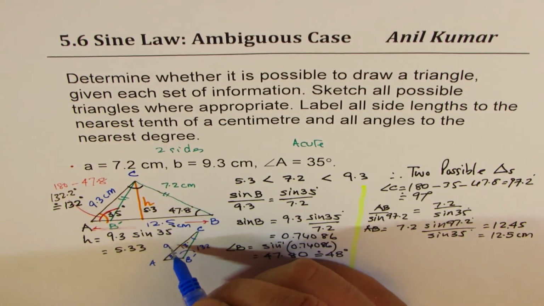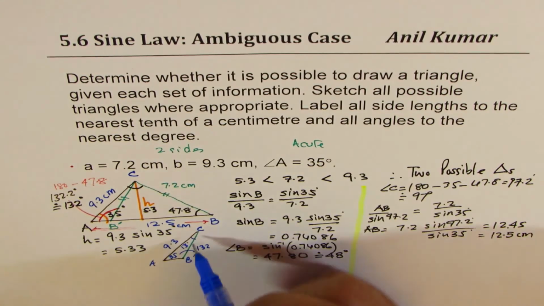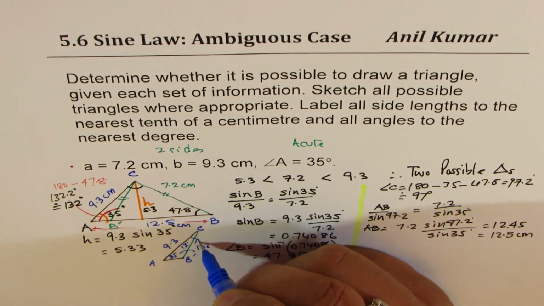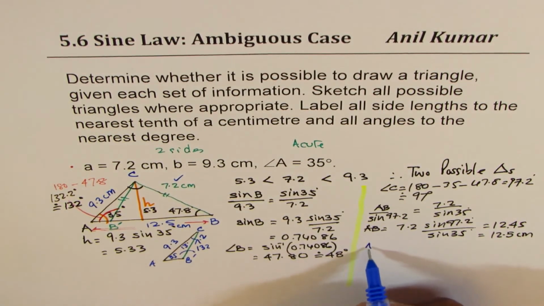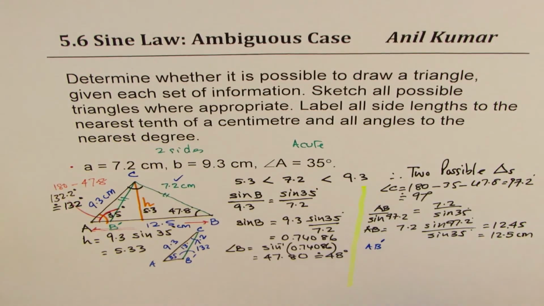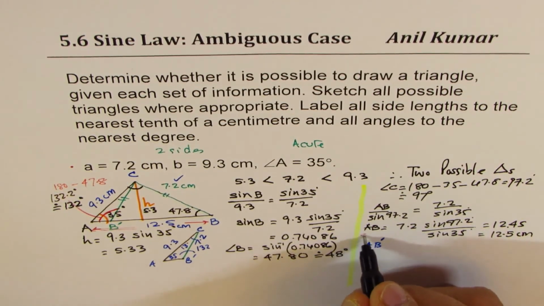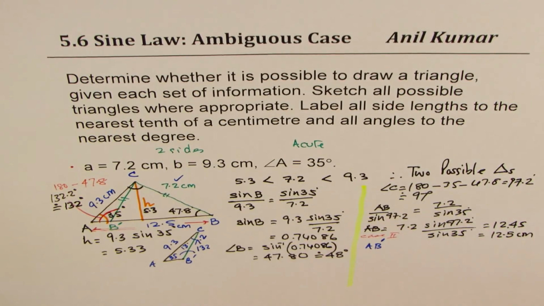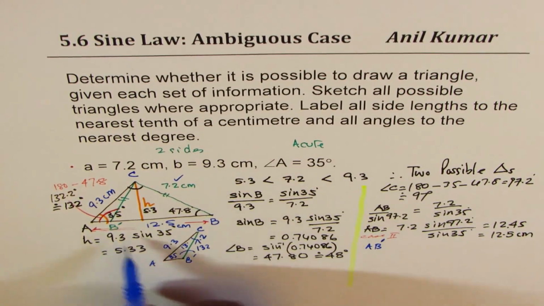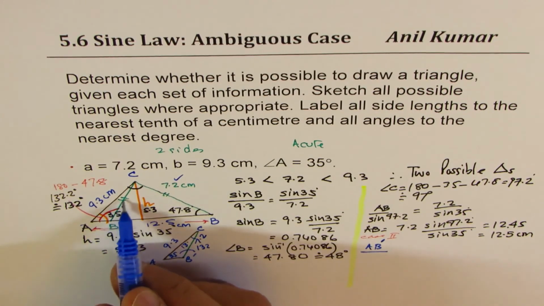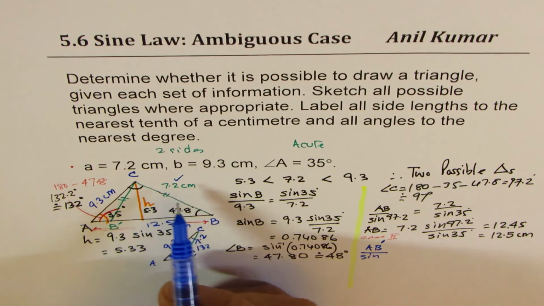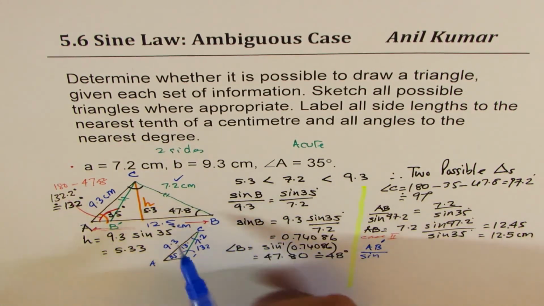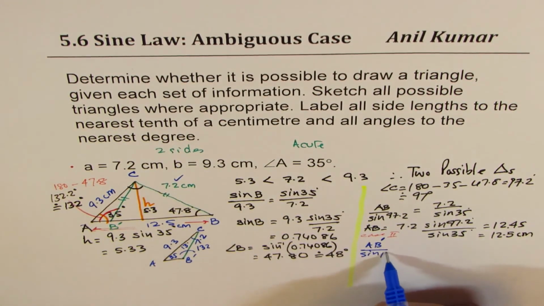And the sides are 9.3. This side is 7.2, which is given to us. That is the side, correct? So we'll find AB dash. Do you see this is a second triangle? So let me write down case 2. Okay. So AB dash over the sine of the angle, which we calculated to be 13 degrees. So I'll approximate. We'll just write 13 degrees.